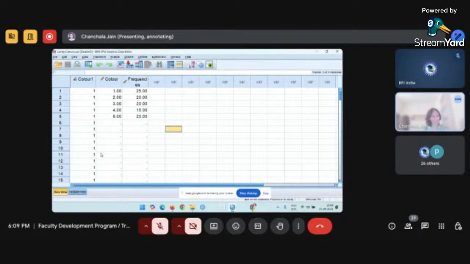Anyone? Fine. No issues. If you are making your notes, you can note this down. There is no significant difference in the observed and expected frequency count of candy colors. There is no significant difference in the observed and expected count of candy colors.